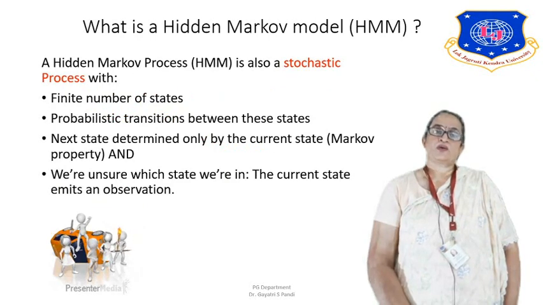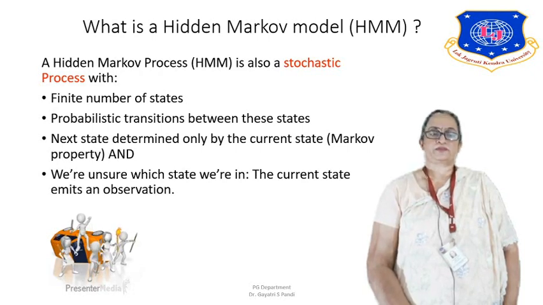Hidden Markov model is also a stochastic process as we discussed, and it also has a finite number of states. There is a probabilistic transition between these states, and the next state is determined only by the current state, that is basically the Markov property, and we are unsure which particular state we are in. So the current state basically emits an observation.